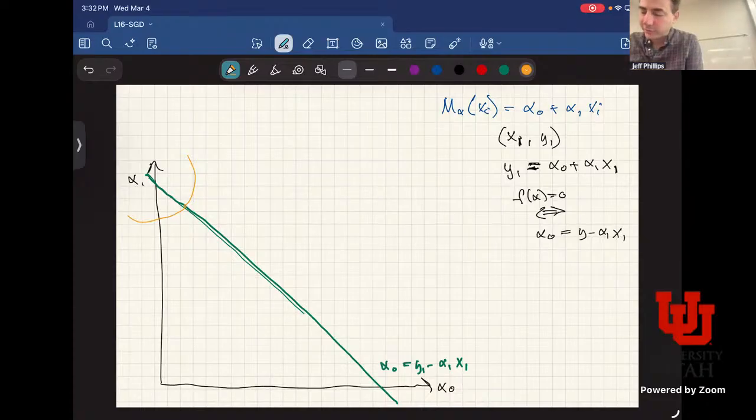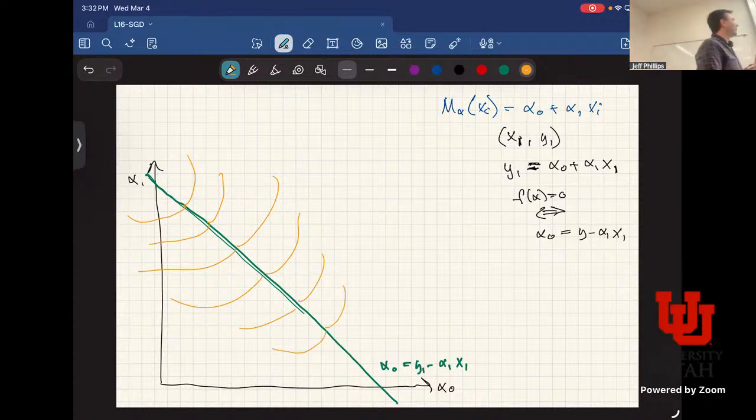I'm going to square this residual, so this function looks like this. If you're a fan of Chloe Kim, this is like a half pipe. It's a little hard to draw, but think of a half pipe where the bottom of the half pipe is this line here, and it's curving like a parabola up.